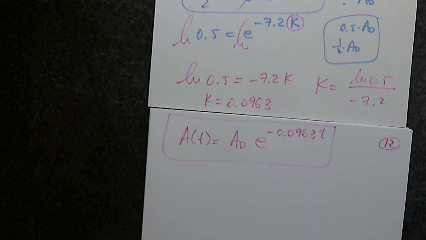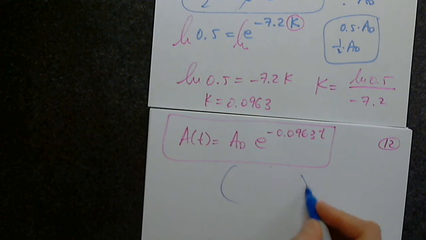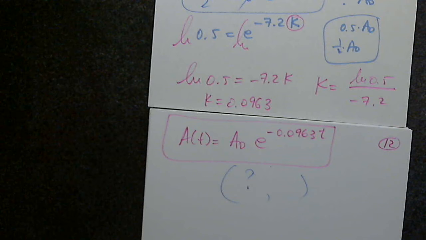Now, let's read the problem one more time. The half-life of iodine 131 is 7.2 days. How long will it take for a sample of this substance to decay to 30% of the original amount?